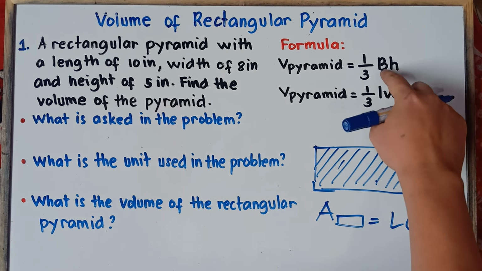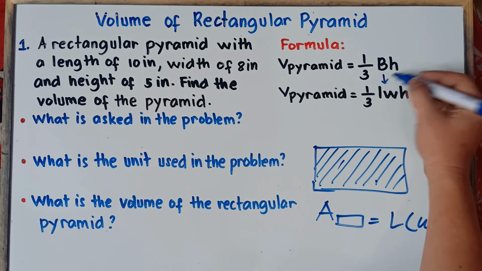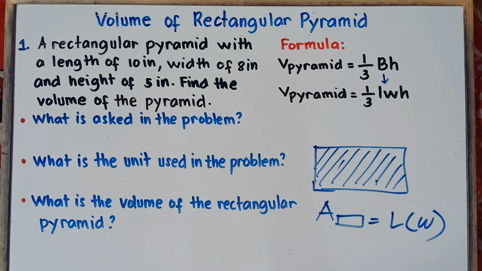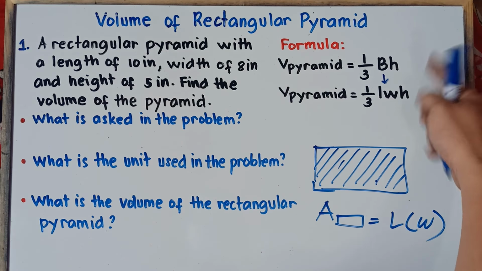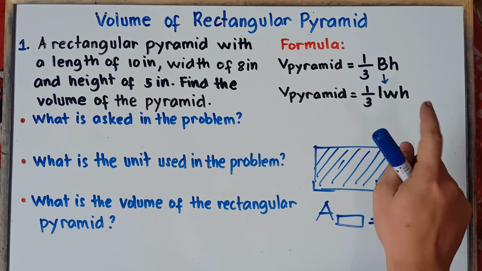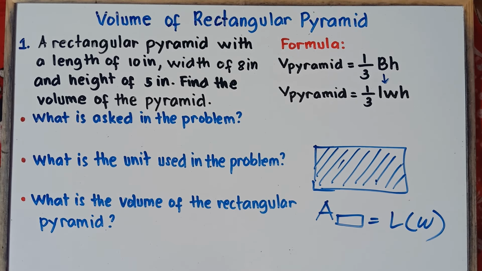So capital B, the area of the base, is the same as length times width. But if you are given the area of the base, to make it simple, use the first formula. If you are given length, width, and height, simply use the second formula. Alright, so let's start with example number 1, class, for you to understand this one.